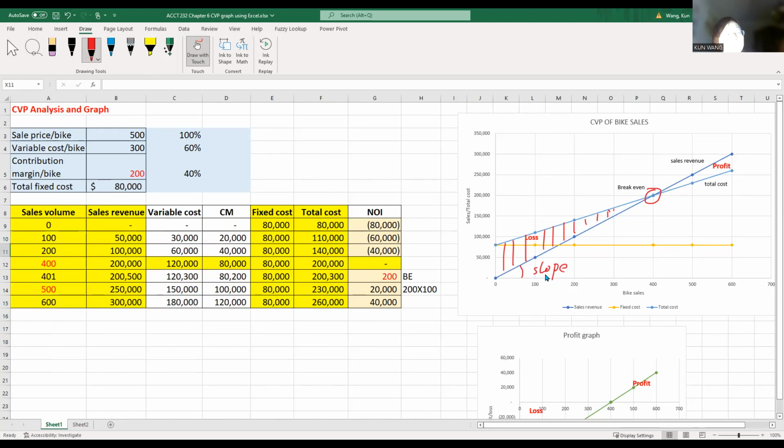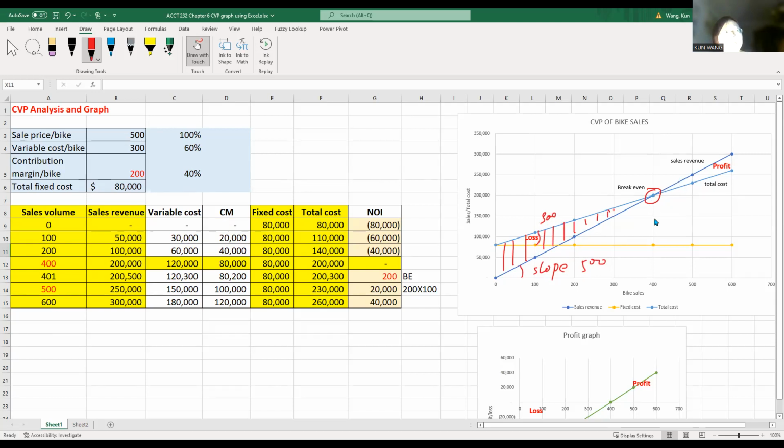So the slope of the price is higher, and this is like 500. And the slope of the variable cost is smaller. Okay, this is like 300. So that's what secures the company once we reach the break-even point, and after that we can start to make profits.